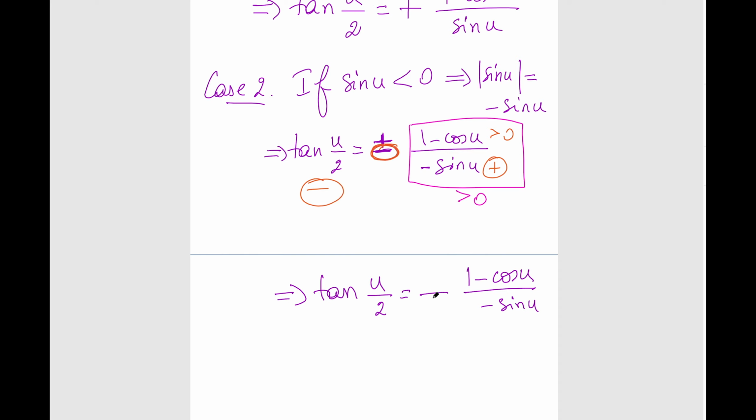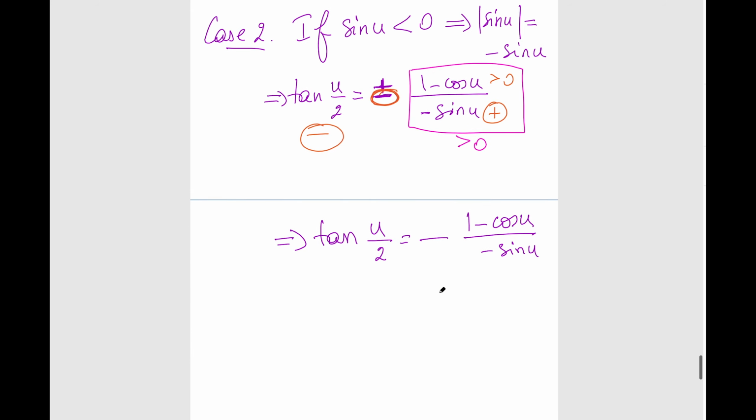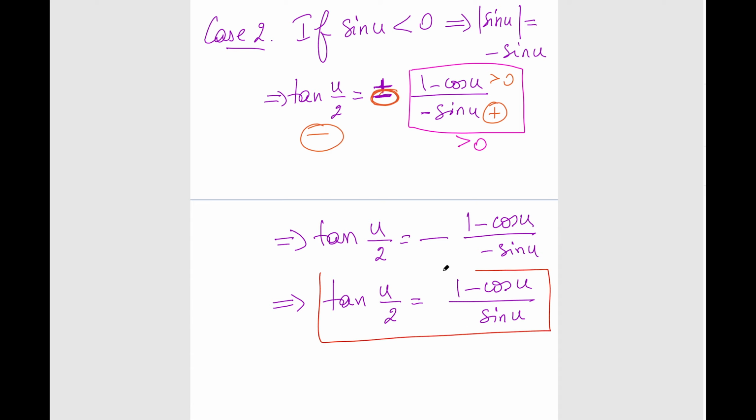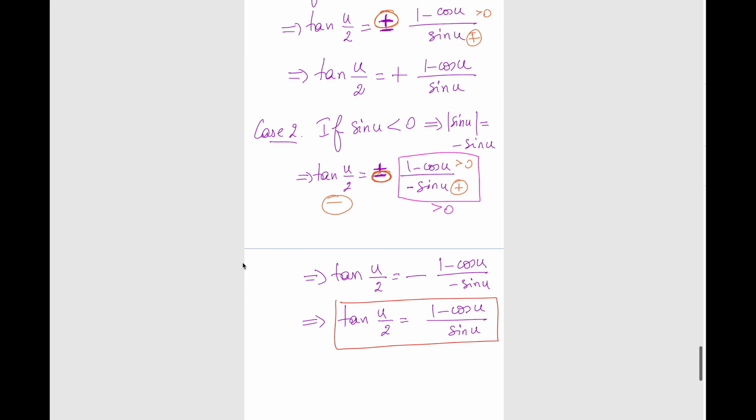We get this, and this minus with this minus, if they talk to one another, what do we get? We get plus. So we get tangent of u over 2 equals 1 minus cosine of u divided by sine of u. Correct? Minus times minus is plus. Let me box it for you, and let me box the previous one for you. This one here.